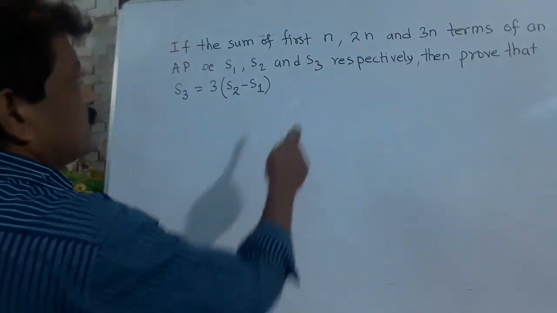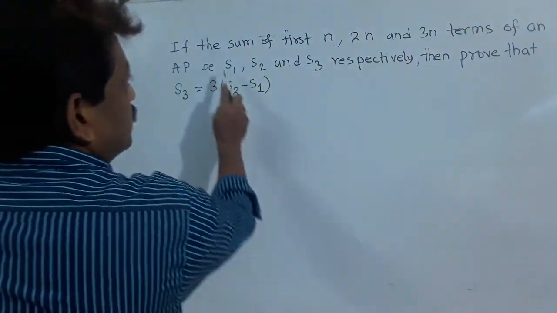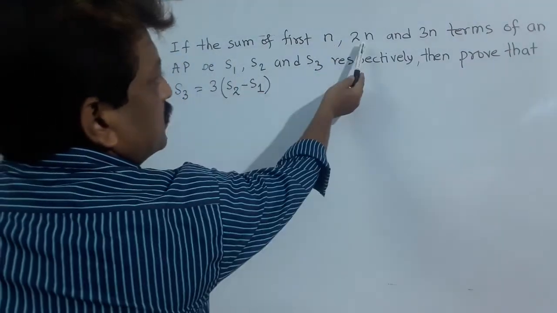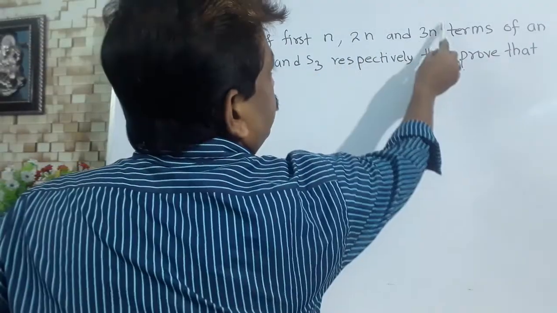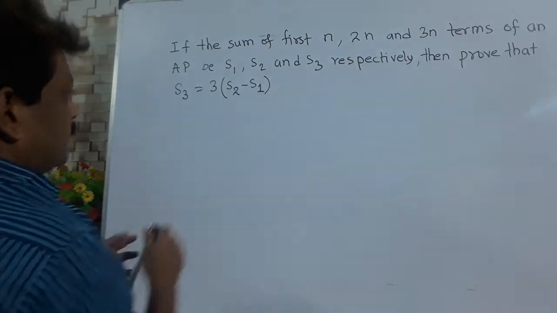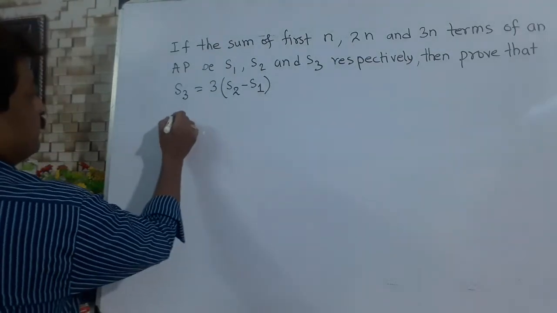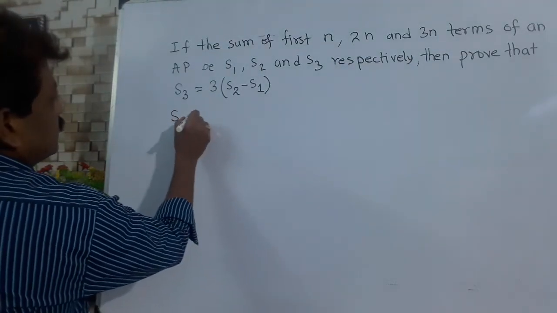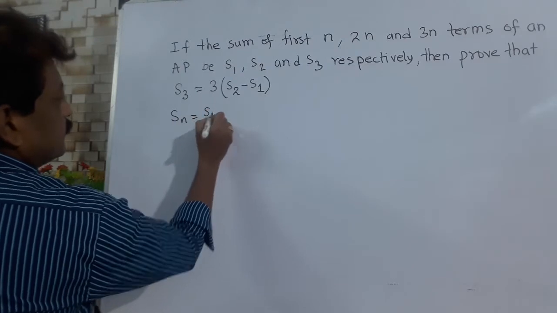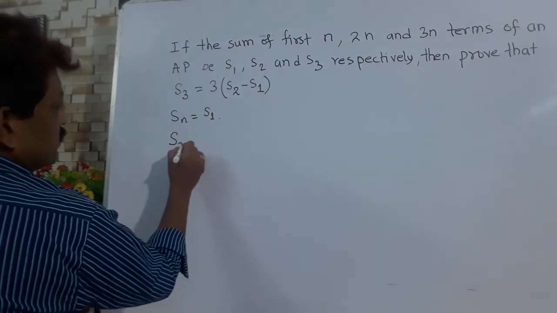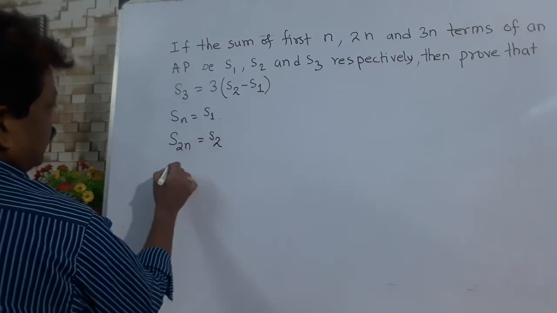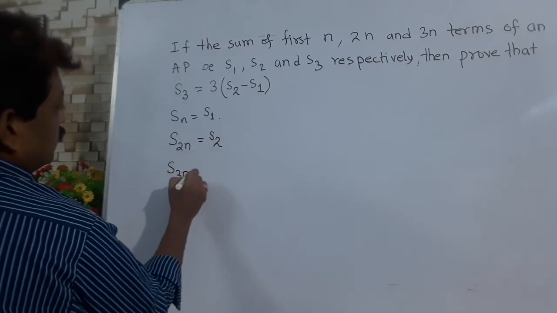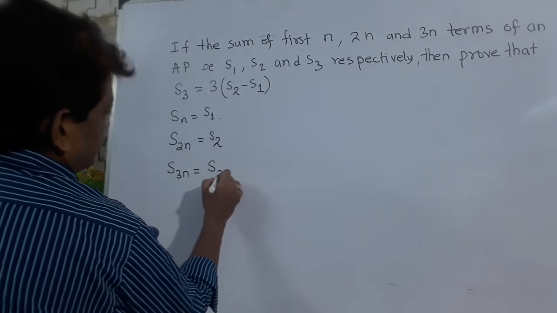Means the sum of first n terms is S1, the sum of first 2n terms is S2, and the sum of first 3n terms is S3. So let me write it here. Sn is equals to S1, S2n, sum of first 2n terms is S2, and S3n is equals to S3.